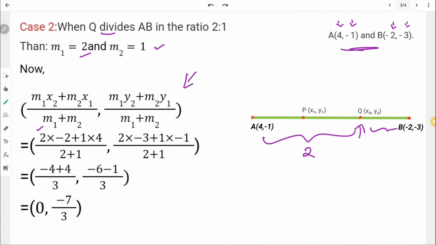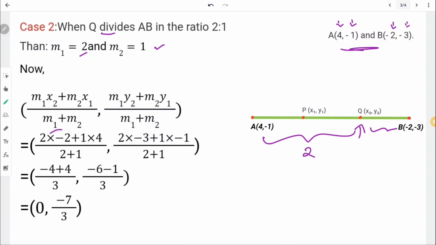If we're done with that, let's go for the y also. Then M1 is again 2. y2 is minus 3. We have put M2 is again 1, and then y1, if you look here, is minus 1. So just put in the values, and then M1 plus M2 is going to be 2 plus 1, so they're both the same.